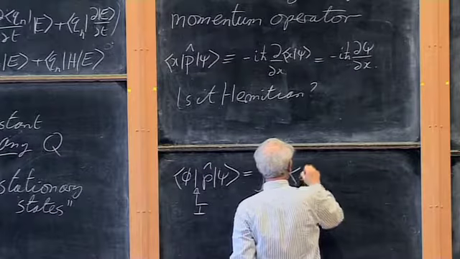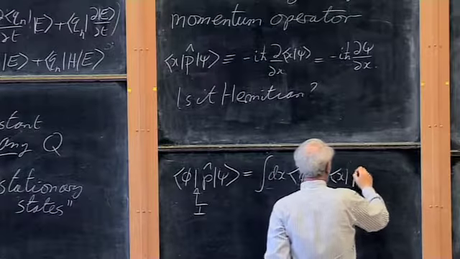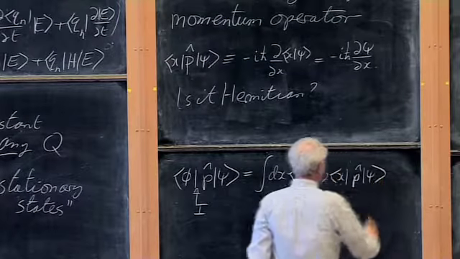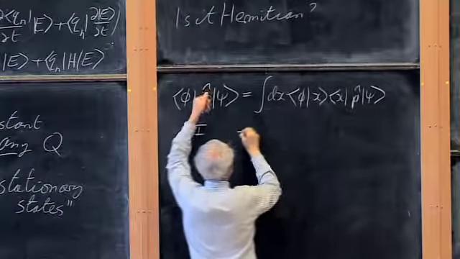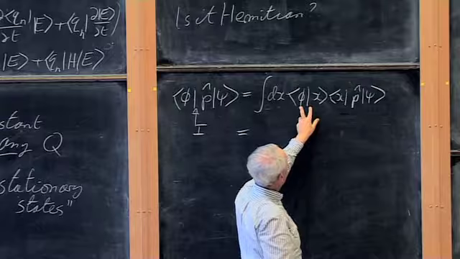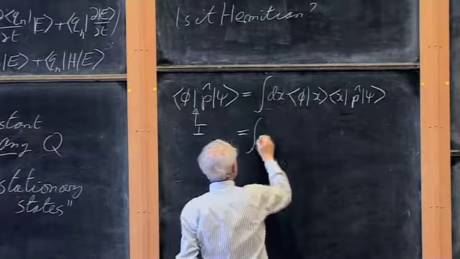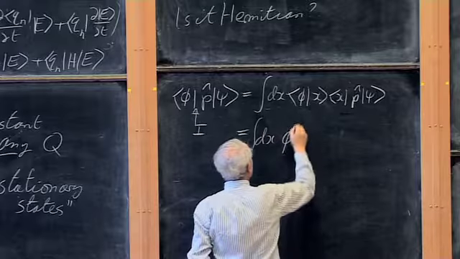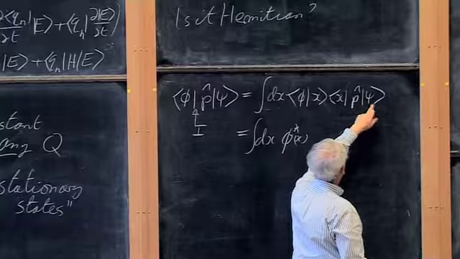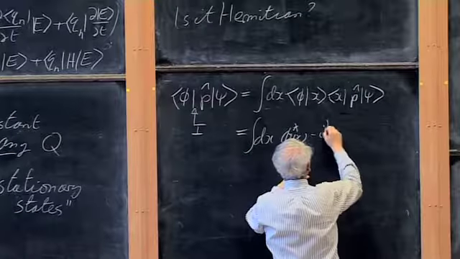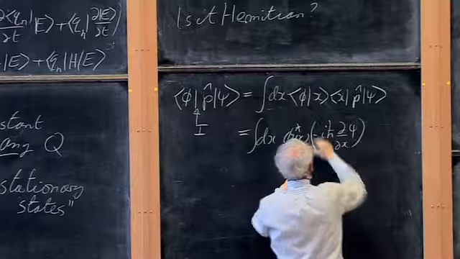So this is phi, x, p hat psi. And now we can turn this into wave function language. This is the complex conjugate of the wave function phi. So this is the integral dx of phi star of x. And we've defined what that is. It's minus i h bar d by dx of psi.